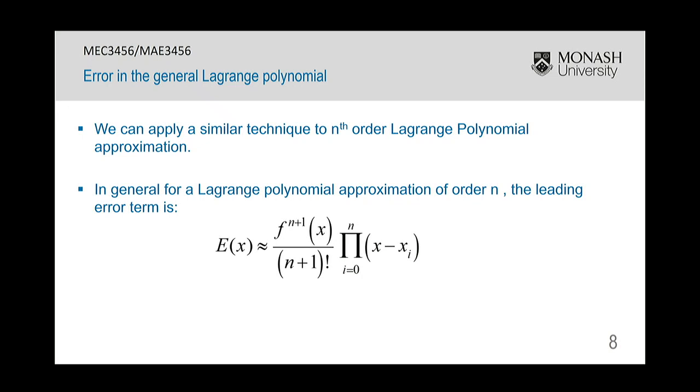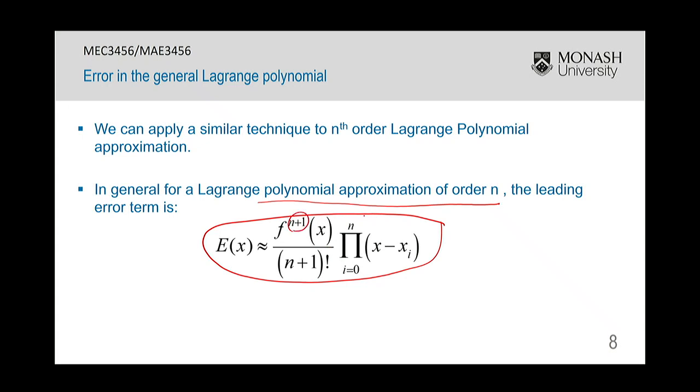In general, however, for a Lagrange polynomial of order n, the leading order error term can be written like this. It's equal to the n plus 1th derivative multiplied by a product of terms. This will be a term that looks like x to the n, or x to the n plus 1 in actual fact, but be proportional to the n plus 1th derivative.